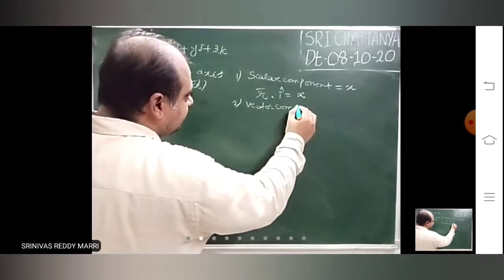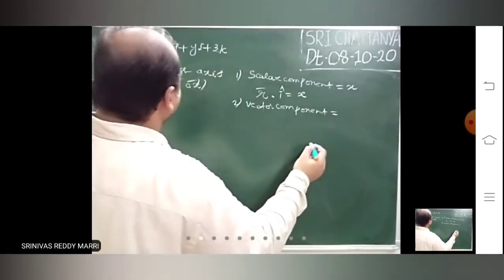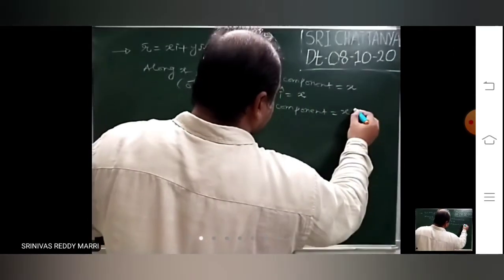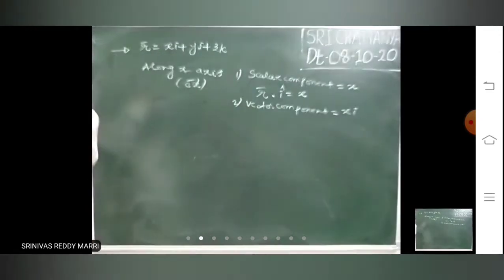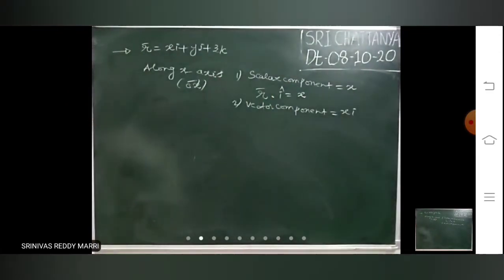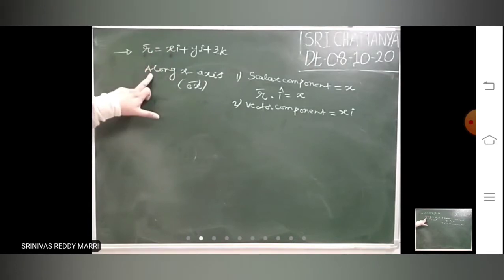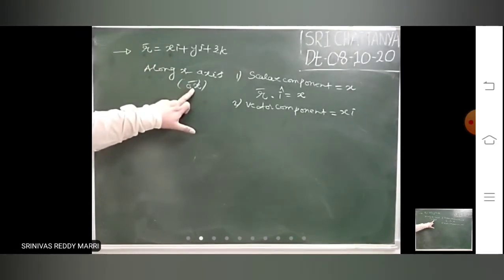Suppose the vector component is nothing but this complete x into i. That means scalar component into unit vector you will write. So x, before i, whatever it is, is the scalar component of this vector along x-axis, in the OX bar direction.